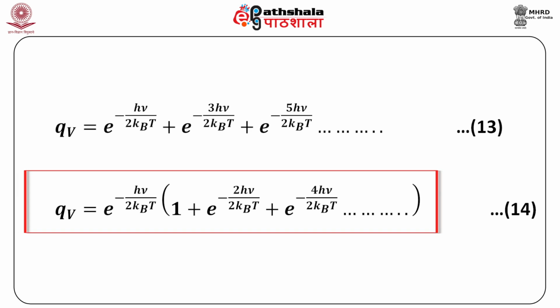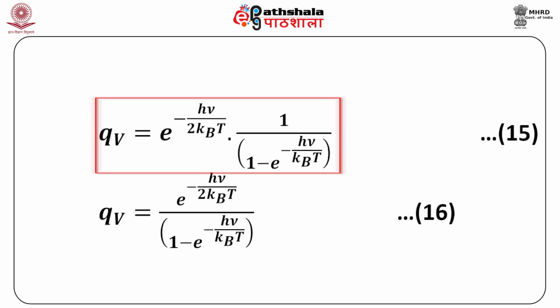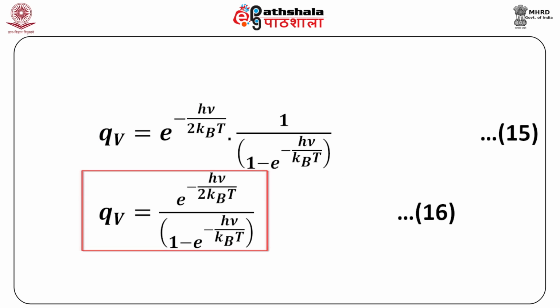Now, if we take e to the power minus h nu upon 2 kB T as common, then we have the equation shown in equation 14. If we further simplify it, you will notice that Qv comes to be e to the power minus h nu upon 2 kB T into 1 upon 1 minus e to the power minus h nu upon kB T, as shown in equation 15.